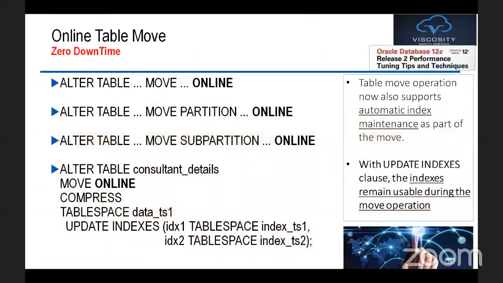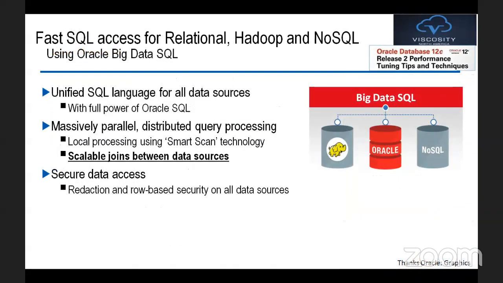Other things I need to do, I need to make things online. So Oracle in 12.2 allowed you to do all kinds of things online, move partition, subpartition. I could even update indexes so that they remain usable during that move operation when I move things online. They also gave me something called Big Data SQL so that I could use the security of Oracle to go to other NoSQL databases or something like Hadoop.